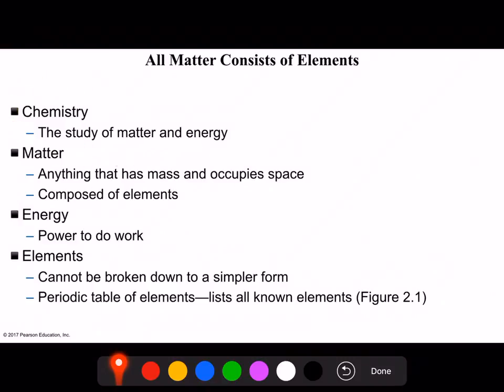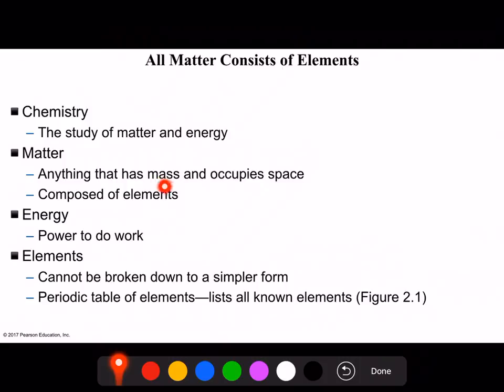Chemistry is the study of matter and energy. Matter itself is anything that has mass and occupies a space, and matter is usually composed of elements. Think of matter as, for example, water, gases, any solid objects, even atoms, very tiny structures or building units of everything on Earth, and we are going to examine that.